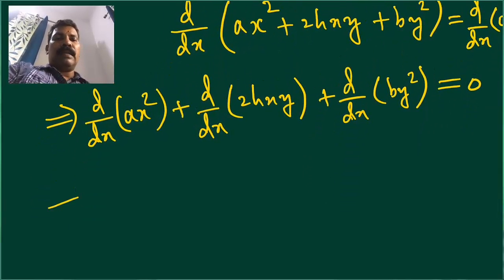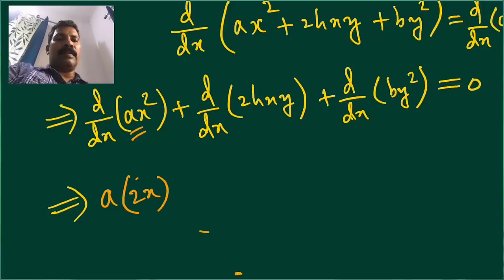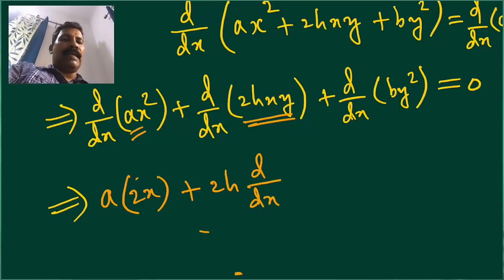Now let us see. Here a you can take outside as a common factor, then a into the derivative of x squared with respect to x, that is 2x, plus, then here we have to apply the chain rule. So first of all we can take 2h outside, then we can write d by dx of xy.